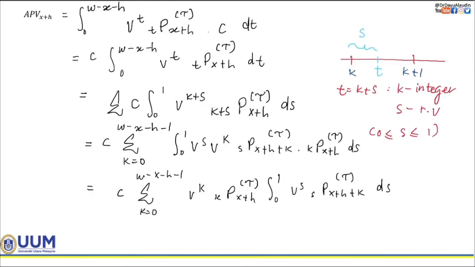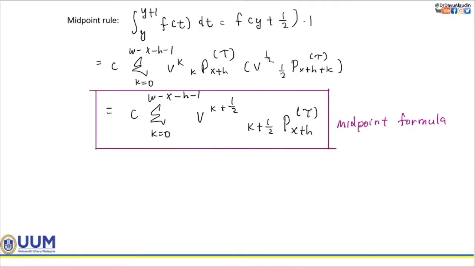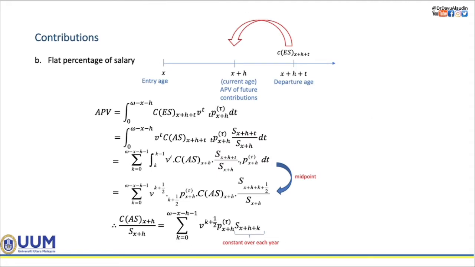So how to find the APV at x plus h? We use the midpoint rule. So then we get the APV at age x plus h for contribution equal to this one. We use the midpoint formula. The second one is flat percentage of salary.